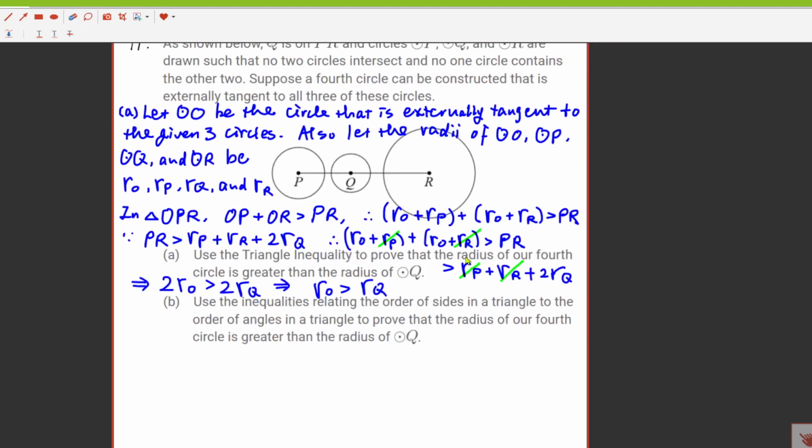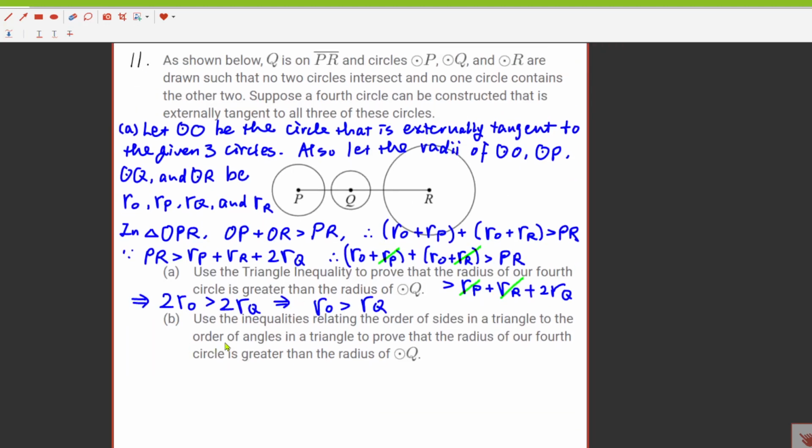Okay, and for the second question, we can define circle O and rO, rP, rQ, and rR as in the previous part.